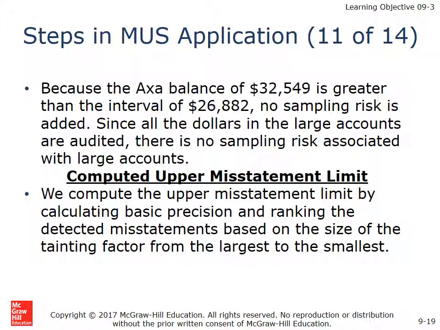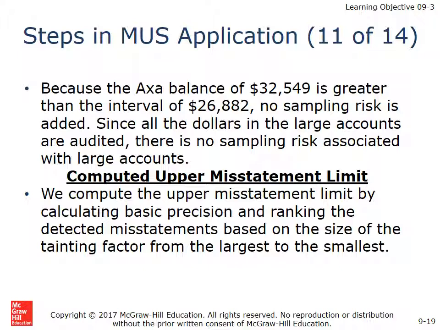That's because the account balance is greater than the interval, so no sampling risk is added. Since all the dollars in the large accounts are audited, there's no sampling risk associated with large accounts. So we want to compute that upper misstatement limit for these other accounts. We'll compute that by taking the basic precision and ranking those detected misstatements based on the size of the tainting factor from the largest to the smallest.